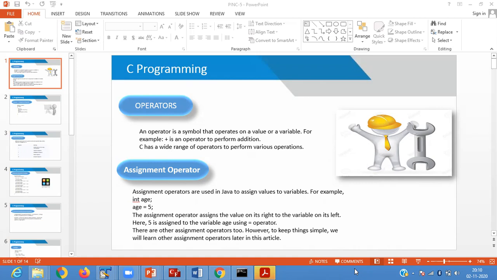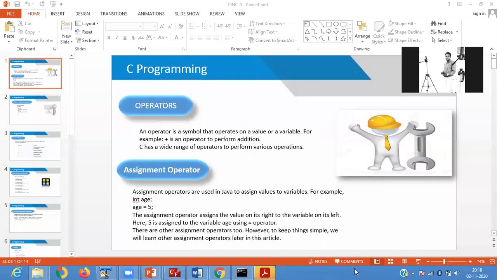Okay, now we go for some operators. Then we do some kind of program.